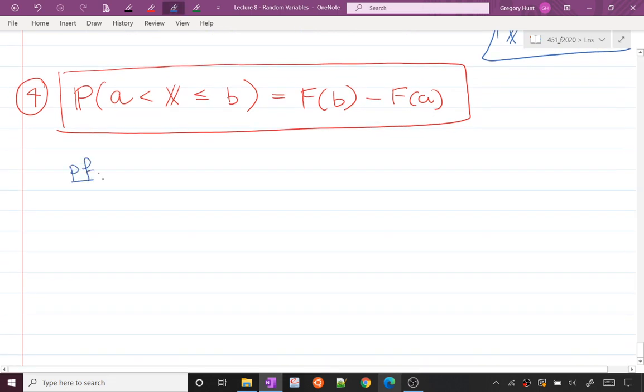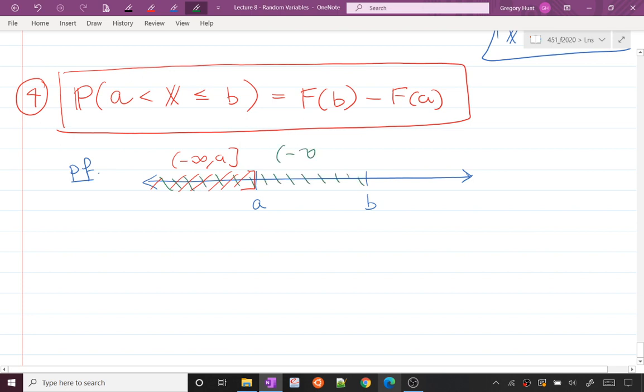And the proof is similar-ish to the previous fact, which is that, again, if I have my real line and have some a, here it better be that a is less than b. Then I have my set here, which is negative infinity to a, and my bigger set here, negative infinity to b.